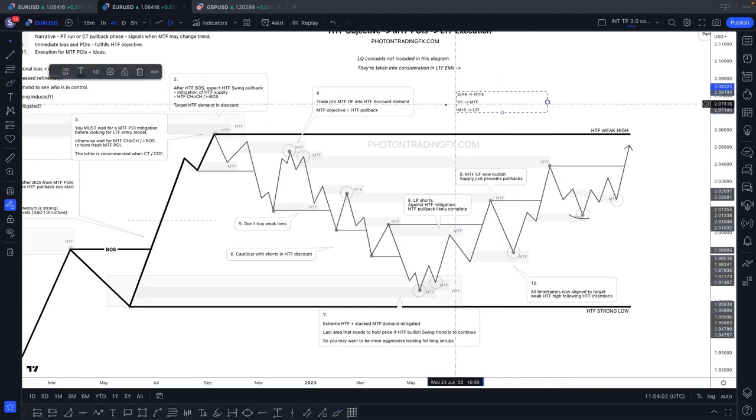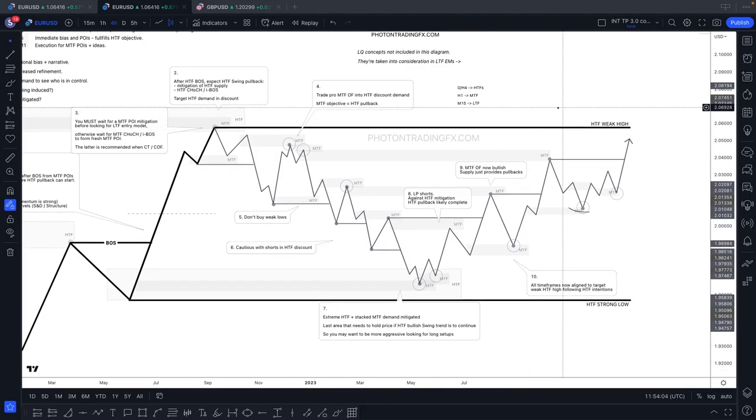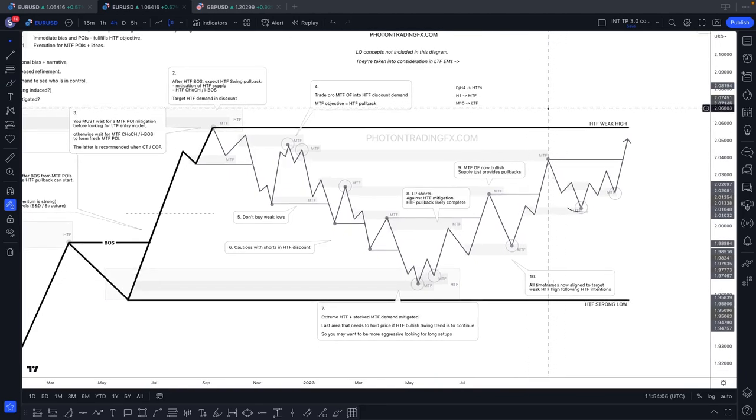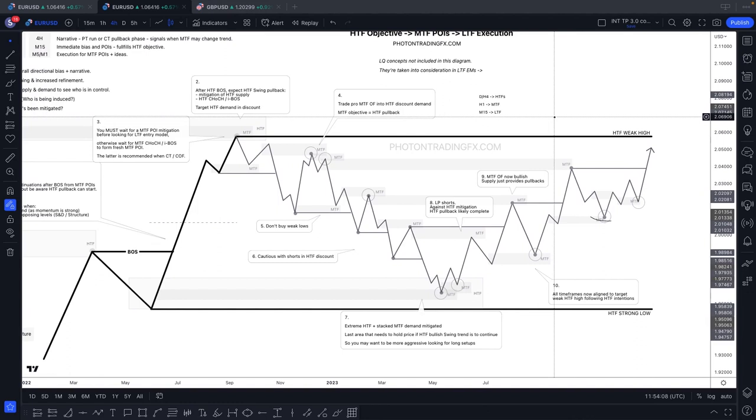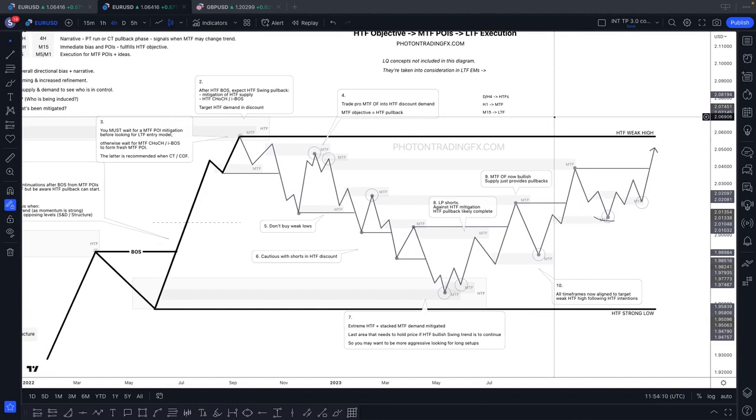I also want to talk about something that I get a lot of questions on, that makes everything a little bit more mechanical, which is good: when to wait for an M15 choke, when to wait for an H1 choke. It's the same question we get for traders that trade the M1.